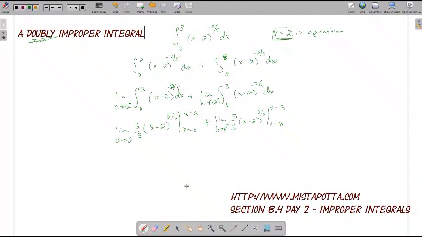Now at this point, notice 2 was not in the domain of my original function, but 2 is now in the domain of my antiderivative.